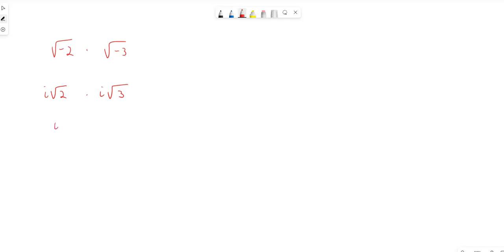So i times i is i squared. Square root of 2 times the square root of 3 is the square root of 6. Well, remember we said i squared was equal to negative 1, so my answer is negative square root of 6. What if instead of doing them separately, I decided to multiply them together first and do square root of negative 2 times square root of negative 3? Well, that would give me the square root of positive 6, which is not the same thing I got the other way.